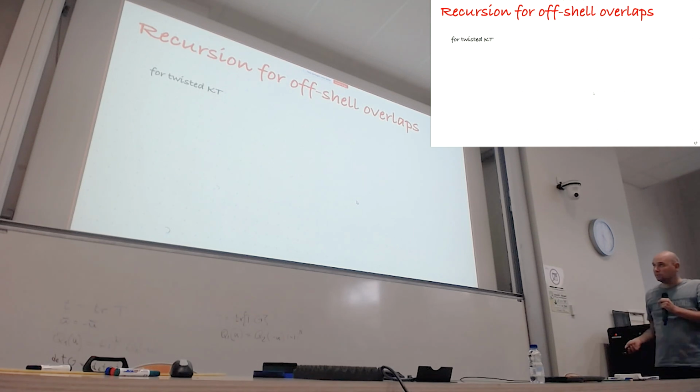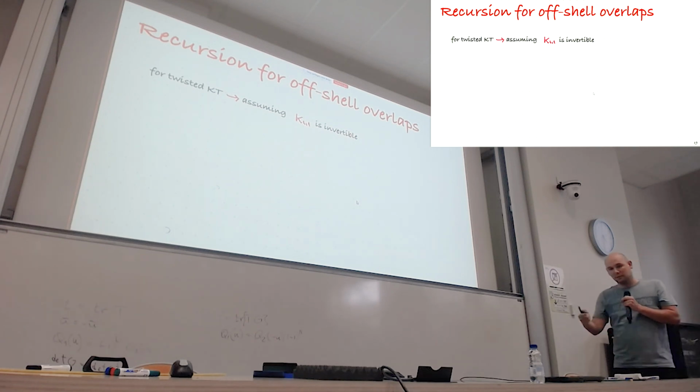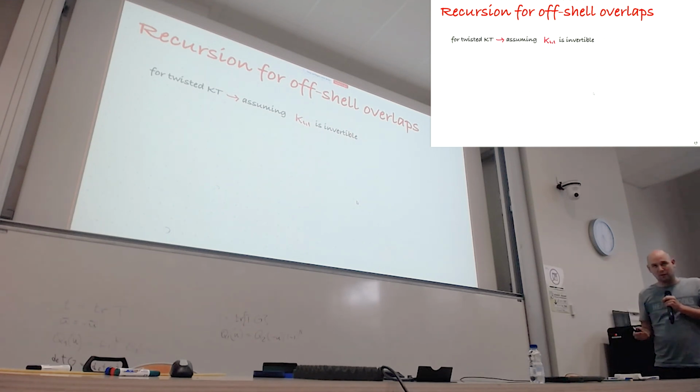We can calculate the off-shell overlaps, and I show what happens for the twisted KT relation. So we saw previously that we can eliminate the creation operator if one component of the KT relation is not zero. Now this is a matrix, so we have to assume that this matrix is invertible.